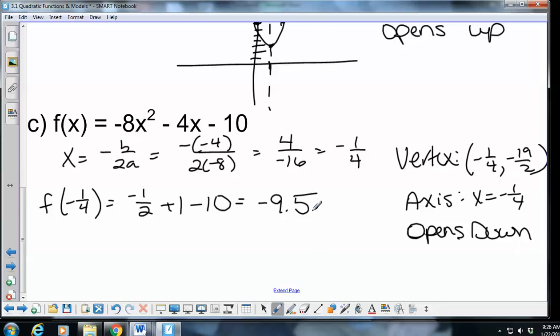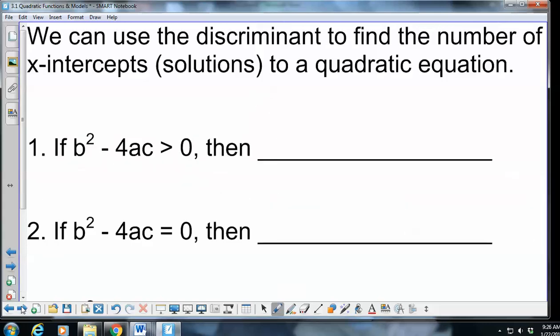The last thing I want to look at today, we're just going to briefly talk about the discriminant. You've seen this before. The discriminant is used to find the number of x-intercepts, or you might call them solutions, or roots, or zeros to a quadratic equation. When I say the discriminant, what am I talking about?